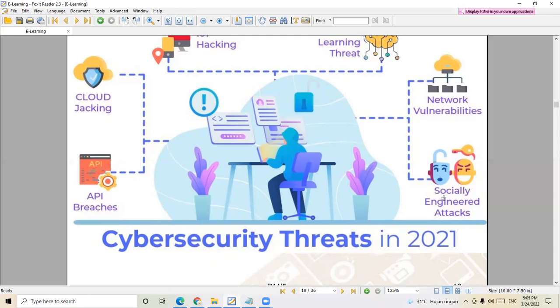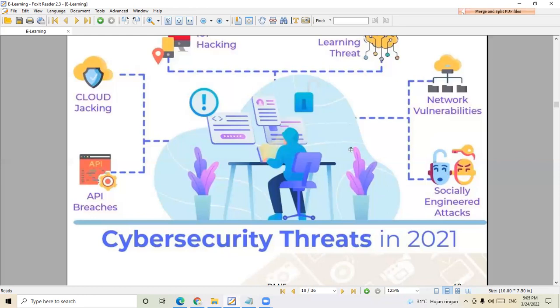And the last one is social engineering attacks. Basically it uses the psychological weakness of humans. We scheme to do phishing attacks, like we try to cheat other people using our lies.